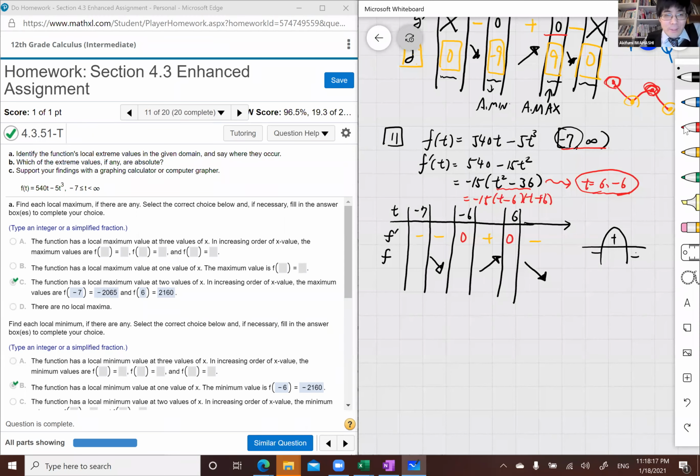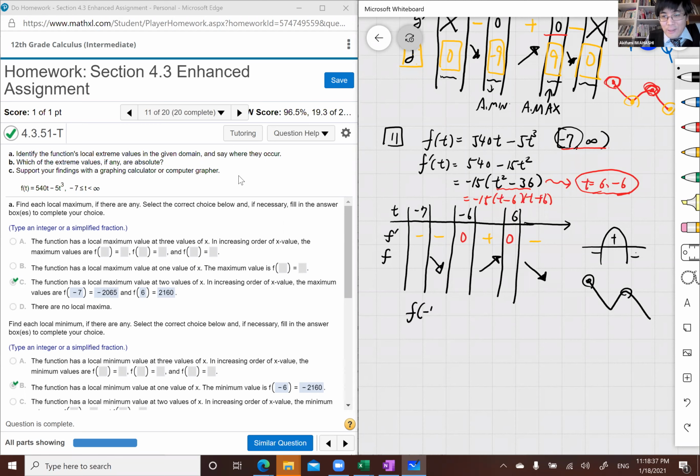Now, let's answer the questions. First one, find each local maximum. You have two local maximums here because it goes down, up, down. So these two points are the local maximums. I need to find the y value at these two points.